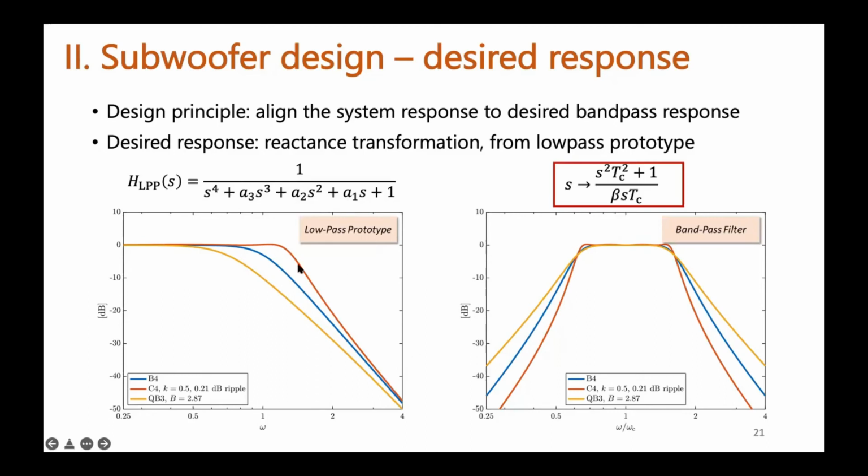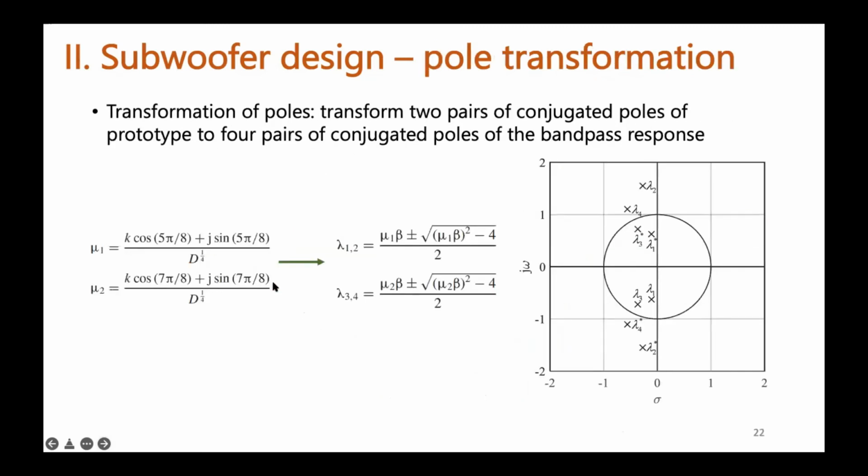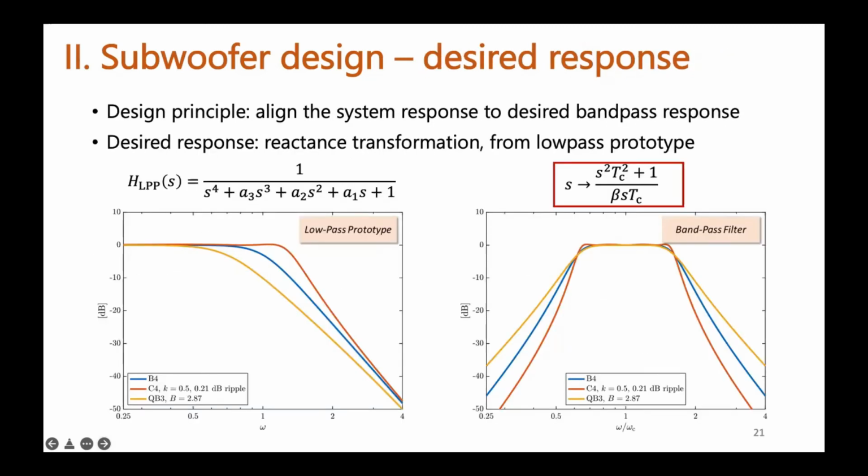The blue line is the Butterworth response, the red line is the equal ripple Chebyshev response, and the yellow line is the quasi-Butterworth third order response.